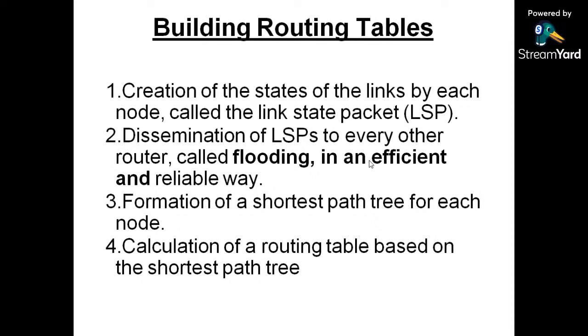It's called a link state packet. Then comes dissemination of the LSP to every router by flooding in an efficient and reliable way. Then formation of a shortest path tree for each node, and calculation of the routing table based on the shortest path tree.